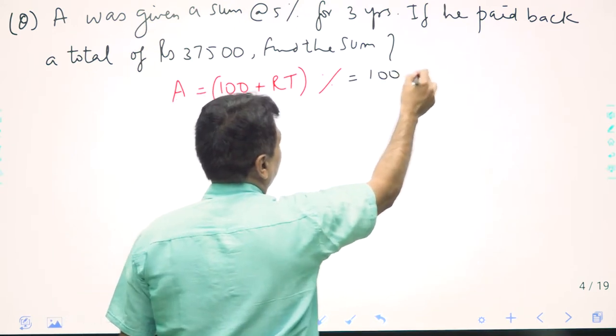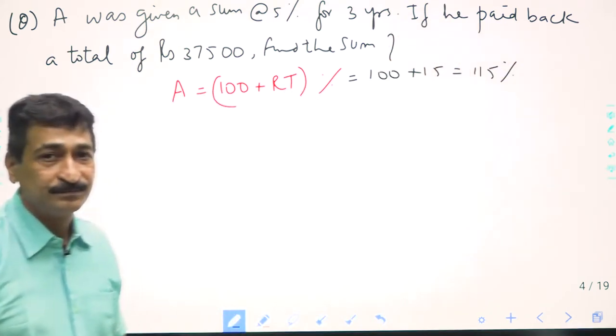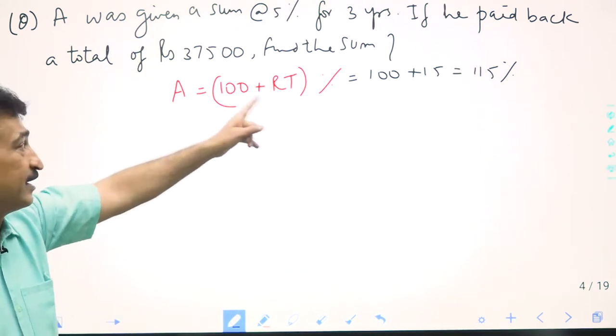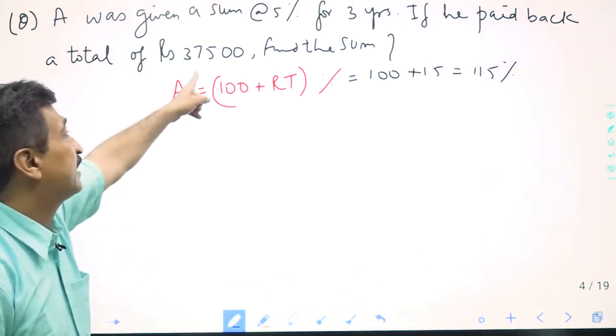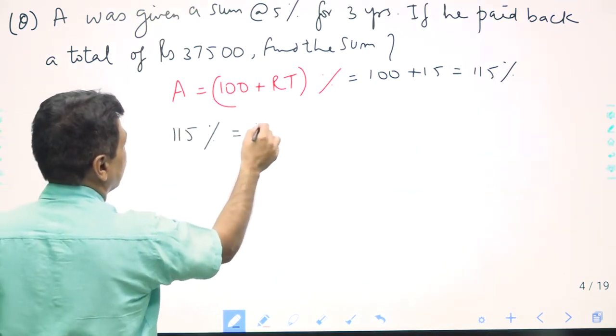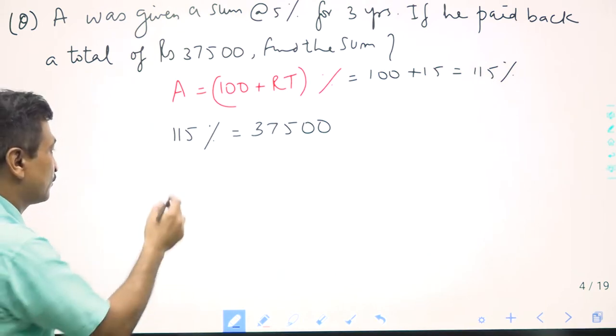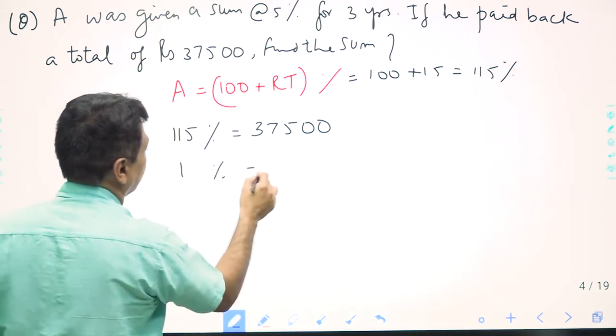So 100 plus 15, that means 115%, and 115% is the amount in percentage and this is the amount in rupees. So 115% is equals to 37,500.